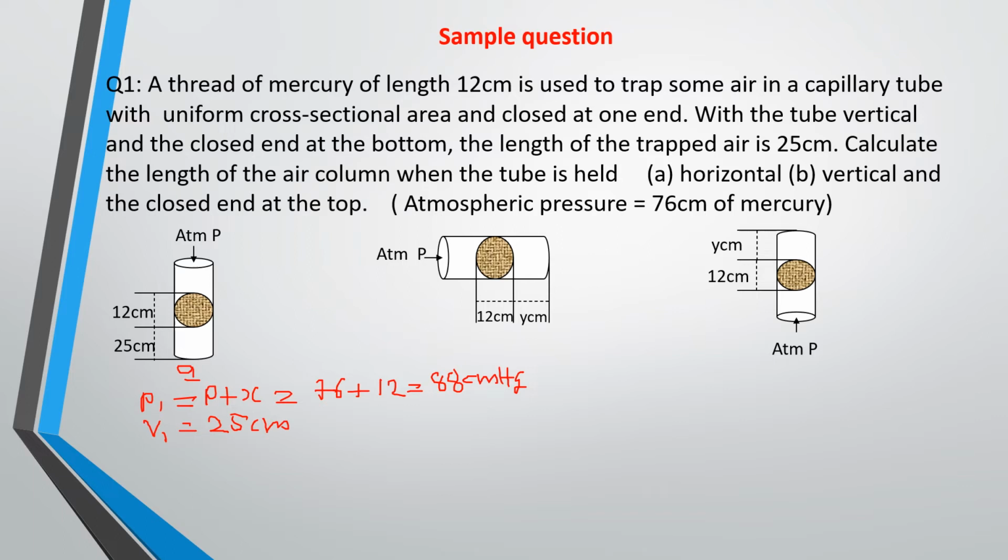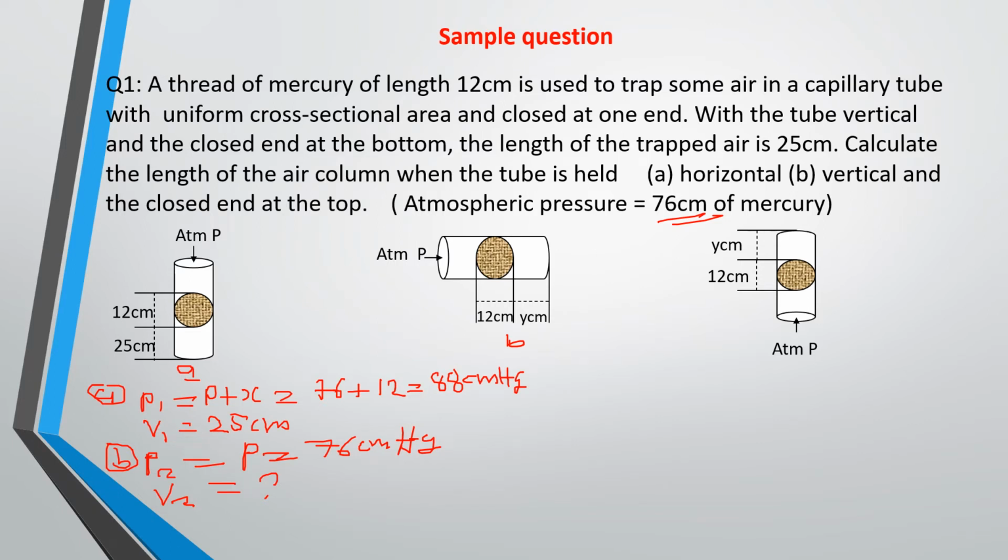Okay, so now this is your first situation. Then when the tube is horizontal, what will be your P2? That is for condition B. This is condition A. Condition B, when it is horizontal, P2 is equal to atmospheric pressure, which is 76 centimeters of mercury. It is given to us already in the question.